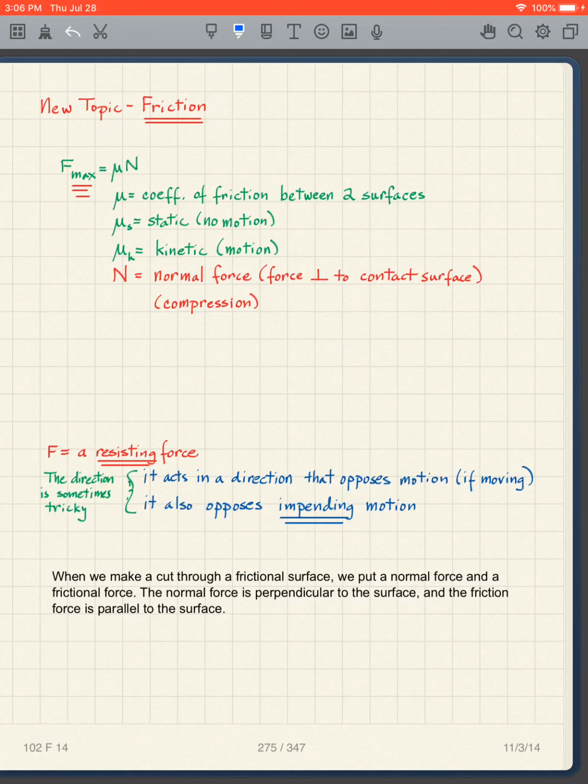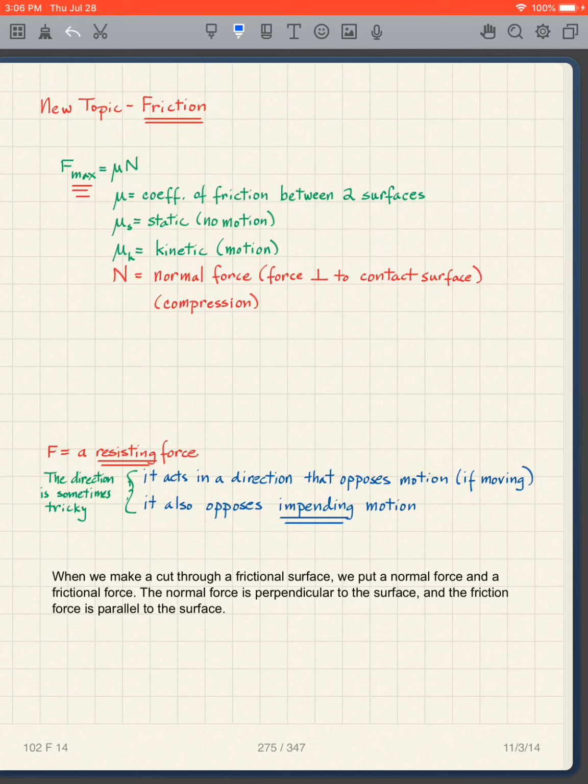So, in other words, we will have a friction force when we're not moving, and the direction of it is opposite to the impending motion, the way that it wants to move, basically. And the direction is sometimes a little bit tricky. And again, the maximum friction we can get is mu times N.